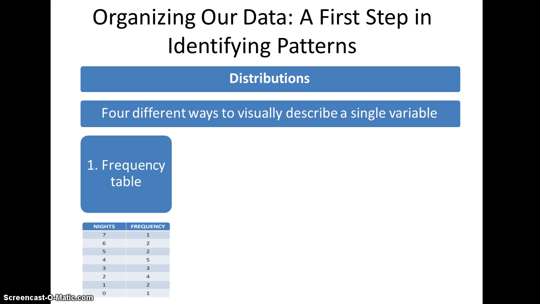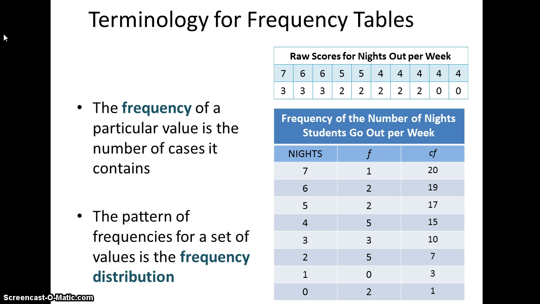So I'm going to start here with the frequency table. And to get started, let's talk a little bit about terminology. The frequency of a particular value is the number of cases it contains. So here I have some raw data, and I've conveniently put it down in descending order.